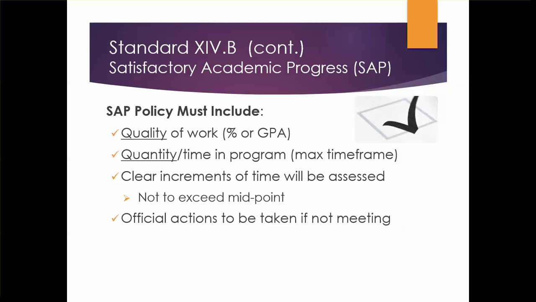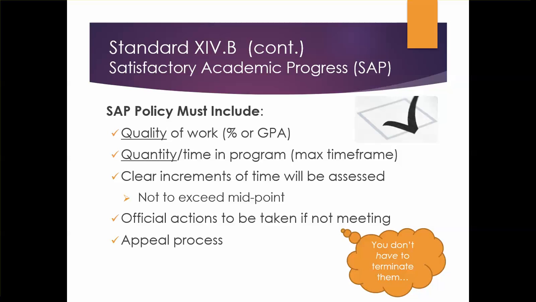Your policy must include the official actions that will be taken if a student is not meeting the criteria that you've set forth for satisfactory academic progress. Now, the Commission does not require that you terminate students. You do not have to kick them out of the program if they're not meeting SAP. You can determine what those actions will be, but they must be clear, and there should be an appeal process.